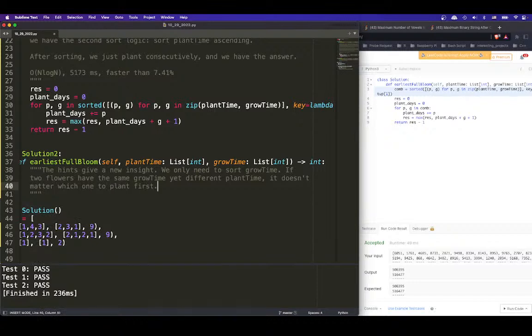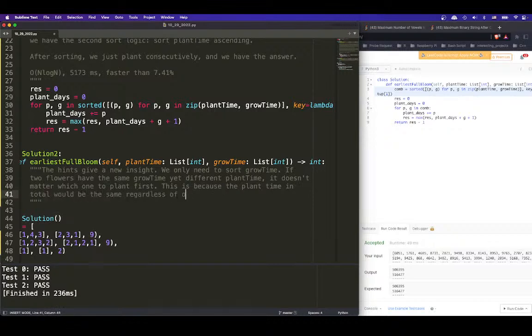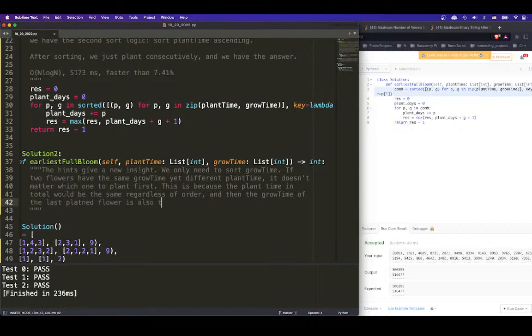Because the plant time in total would be the same regardless of order, and the grow time of the last planted flower is also the same. Thus, we don't have to sort plant time.